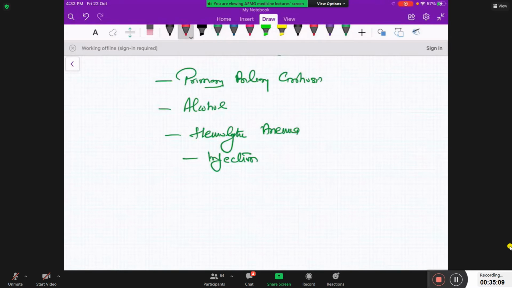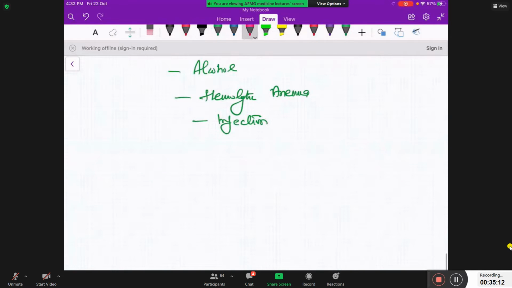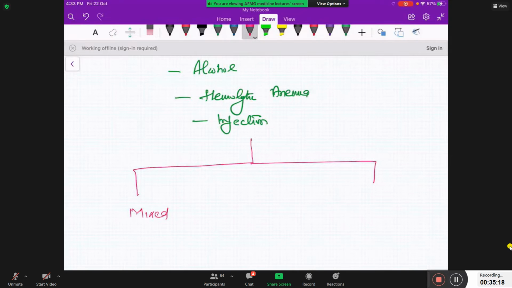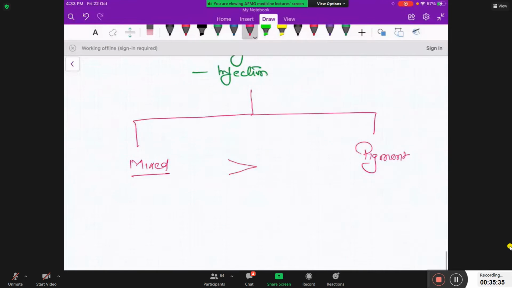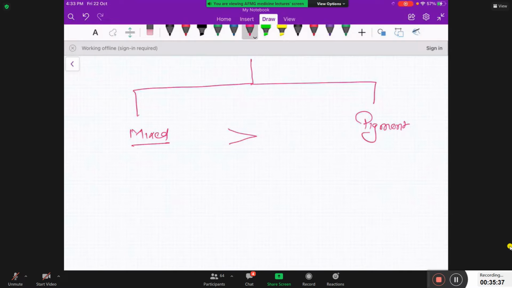Very good. There is mixed stone. There is pigment stone. Which is the most common stone in the gallbladder? The most common stone in the gallbladder is mixed stone. But please be very careful here, it is checked again in exams.